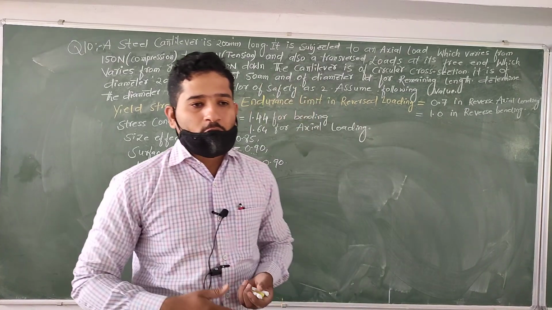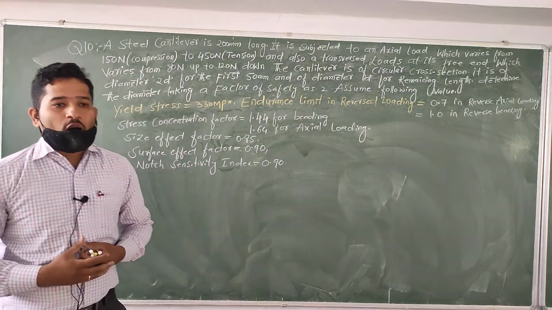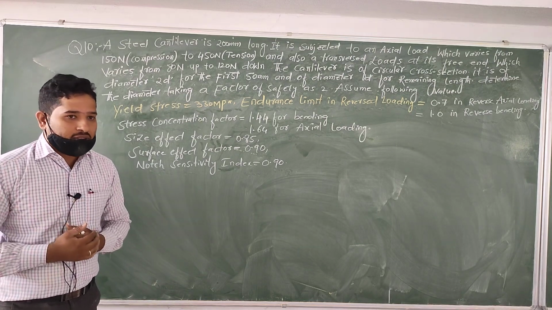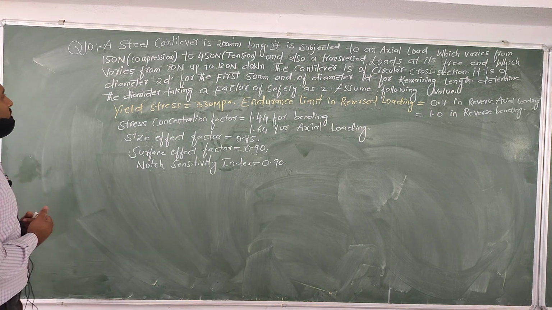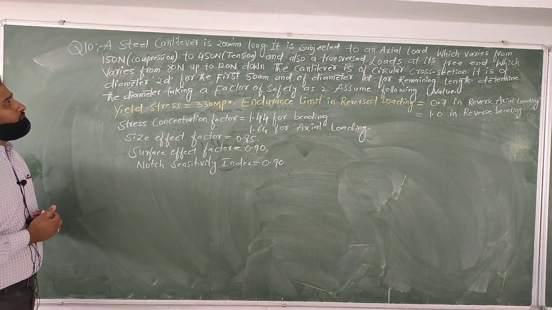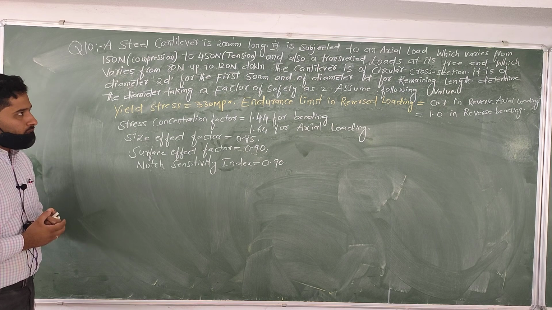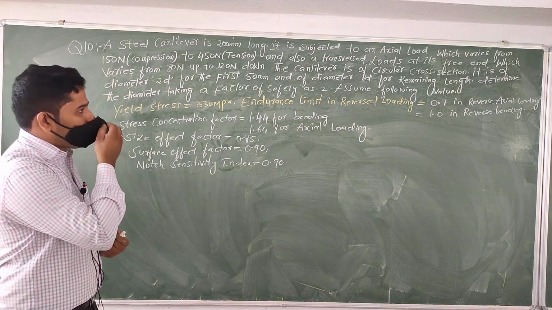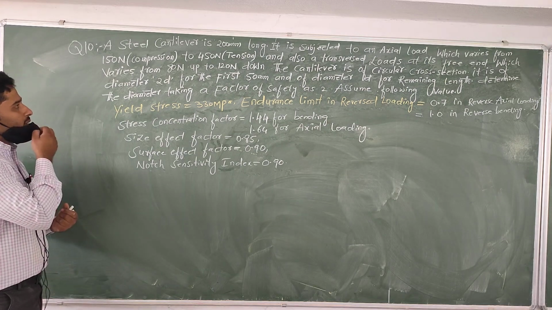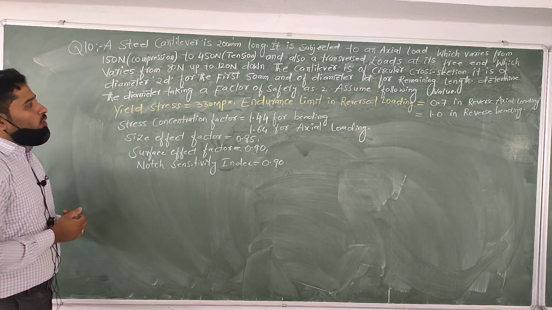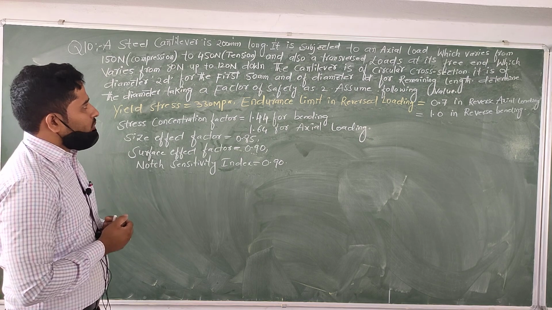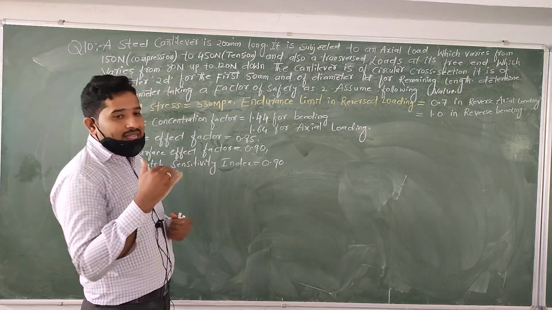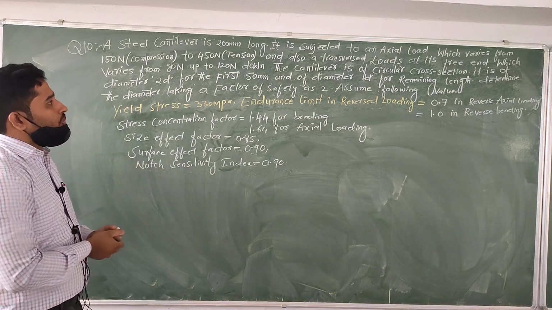Today in the session we are going to learn the 10th problem, where axial and bending loads are acting simultaneously on the component. So I will read the question. A steel cantilever is 200 mm long. It is subjected to an axial load which varies from 150 Newton in compression to 450 Newton in tensile, or we can say 450 Newton is acting tensile in nature.